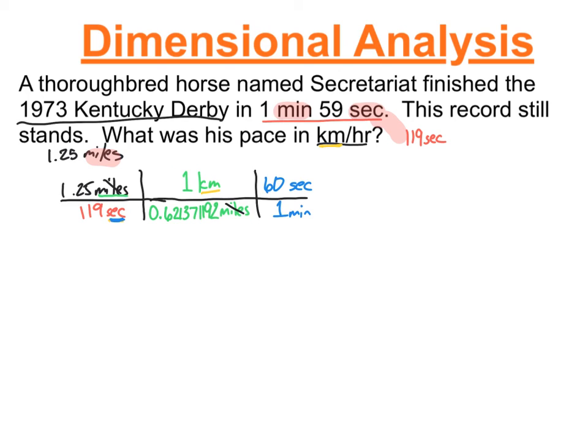Or if you wanted to, you could do that and then do 60 minutes in 1 hour, or I could simply do in 1 hour, I could have 3,600 seconds in 1 hour, and just have less conversions then, and seconds cross off, and there I have hours for kilometers per hour. And then what I do is I simply multiply across, so I multiply the numerator, 1.25 multiplied by 3,600, and that's going to be 4,500 kilometers.